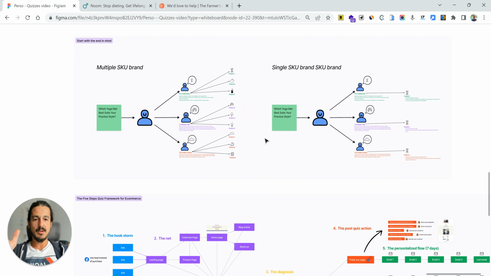Why the end? Because before we start to create the quiz, we should start thinking of what are the potential segments we can create from our customers. And rather than explaining all of that, I should show you what I've created here.